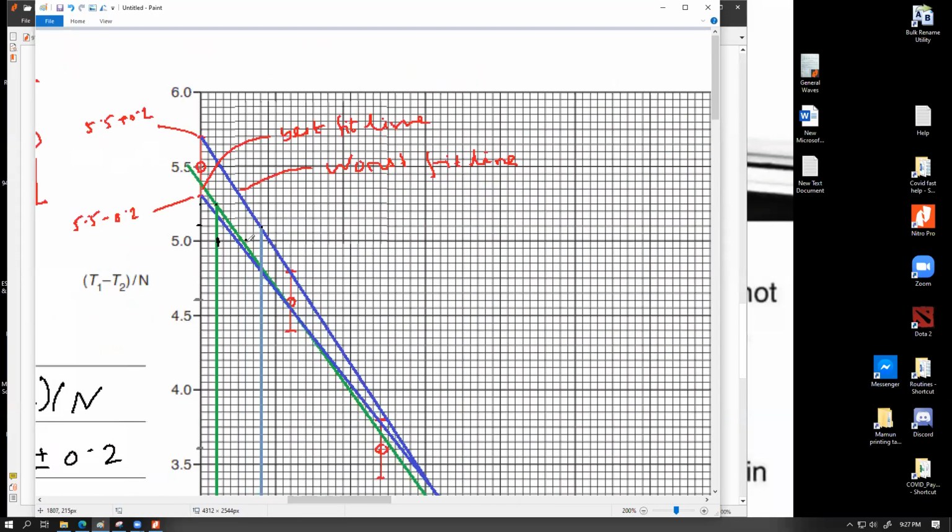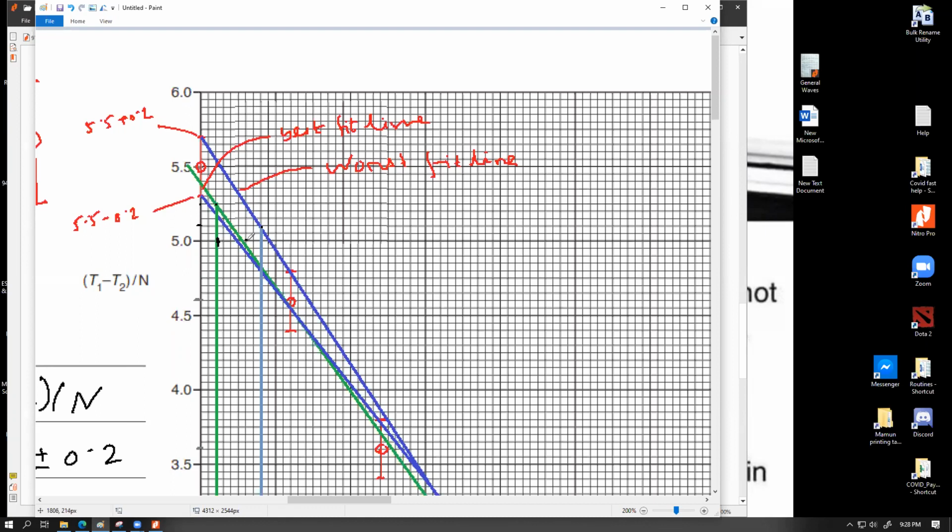If the best fit line is properly drawn, the best fit line should be passing through these 2 points. Check whether our green line passes through these two points. Did our best fit line pass through this range?